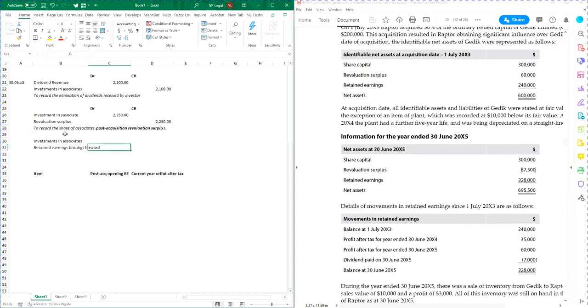Okay, so I've just split it out into two different journals there. The reason being is we're actually going to need this table down below to be able to calculate what this value is. So we're going to come back to these amounts here.